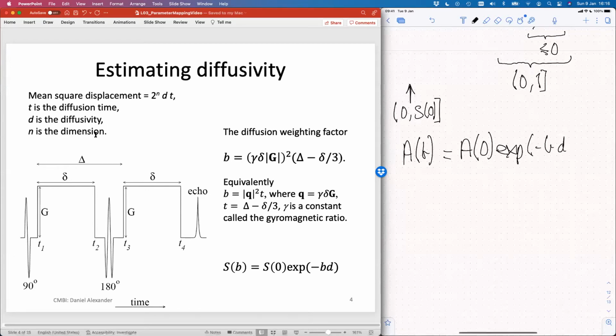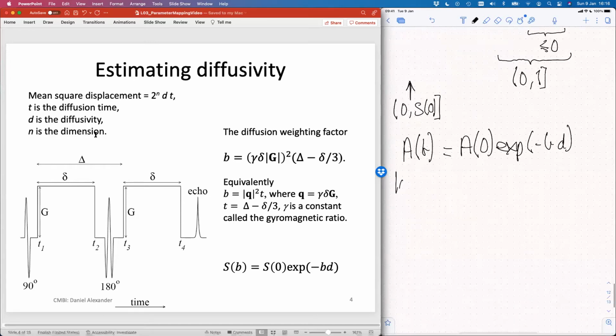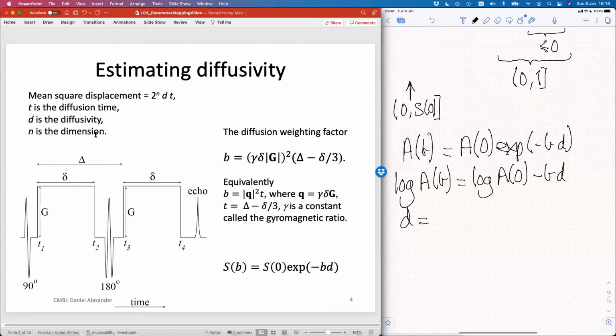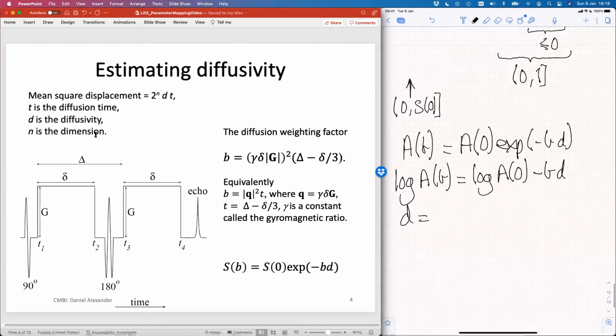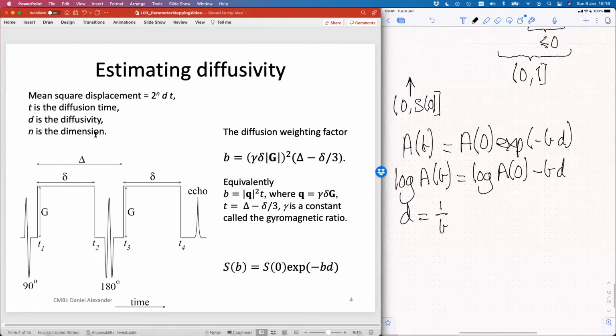So we'll use this to estimate D. If we take logs of both sides, log of A_B equals log of A0 minus BD, and we can rearrange to give us a formula that provides an estimate of D from two measurements, one with a B value of 0 and one with a B value greater than 0.